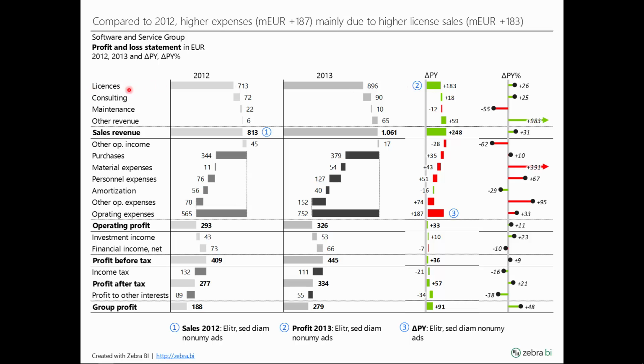How does this particular variance here affect the total sales revenue? And much the same way, you can also assess how a particular variance on costs affects the operating profit and so on. So you can use waterfall charts to display the variance, or as we have seen before, you can just use the plain plus minus chart to display the variance.